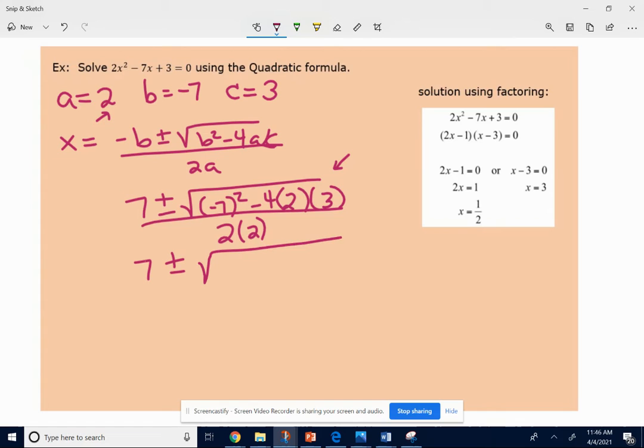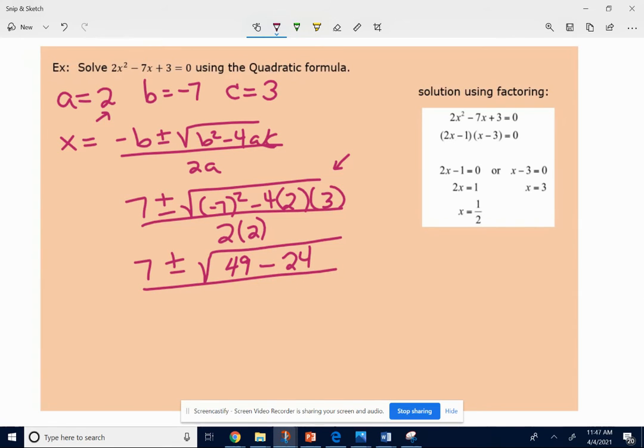Exponent first: negative 7 times negative 7 is 49. Now I'm going to look at the 4 times 2 times 3, the multiplication. 8 times 3 is 24. So that's minus 24.